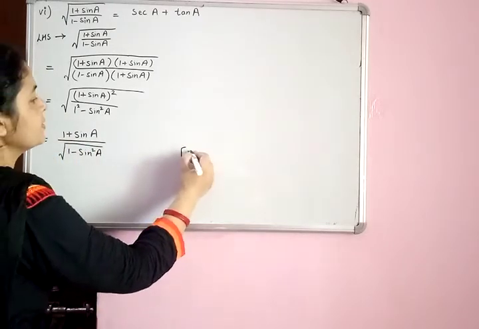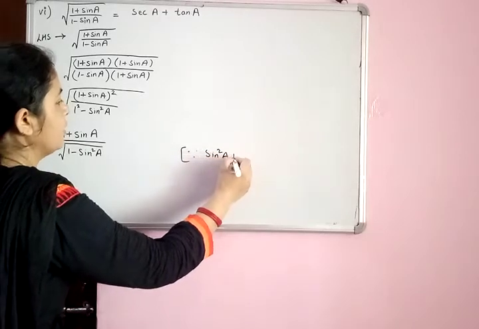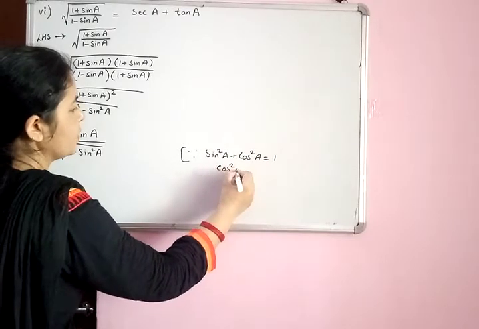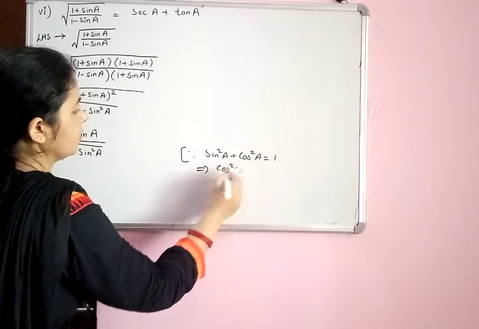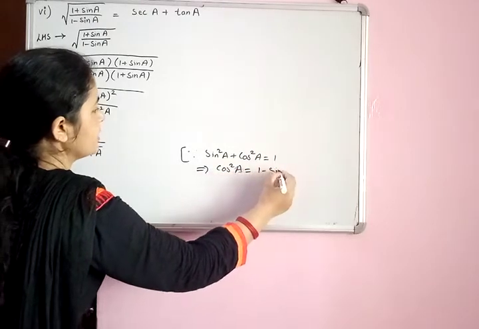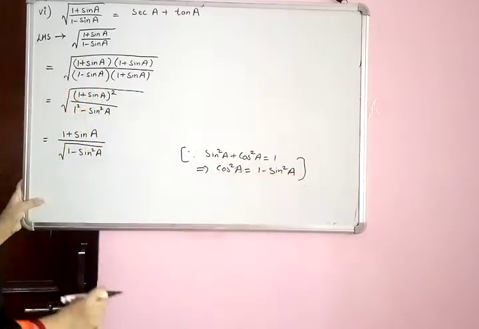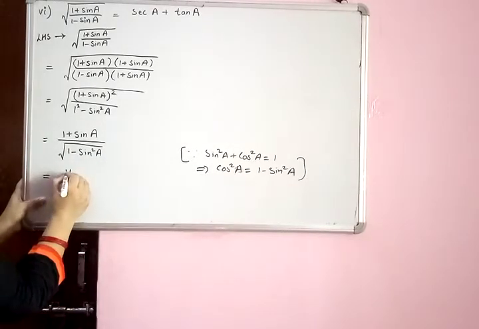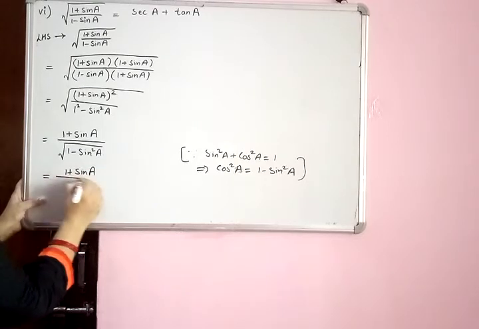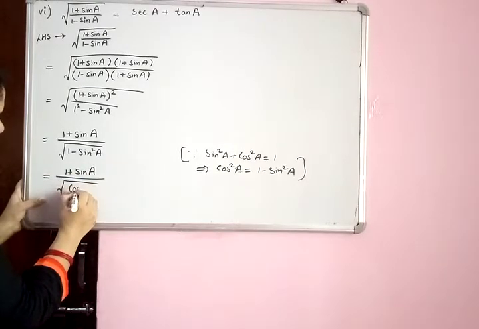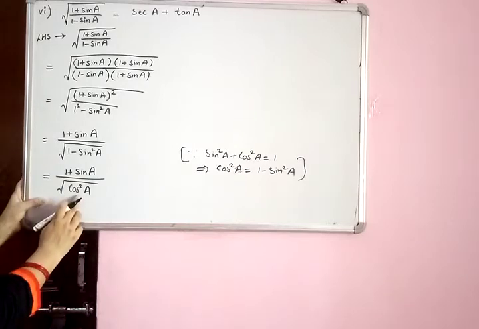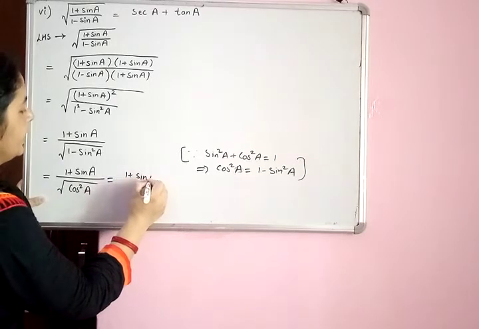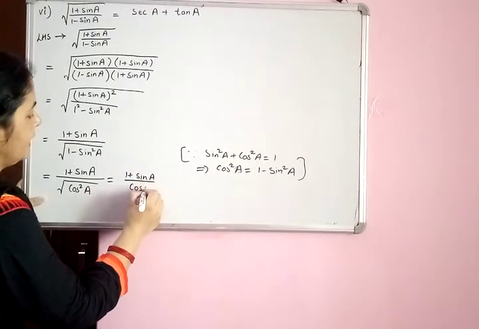Now since sin square a plus cos square a is equal to 1, cos square a is equal to 1 minus sin square a. So in place of 1 minus sin square a, we can write cos square a. So we have 1 plus sin a upon under root cos square a. And under root of cos square a will be cos a. So it is equal to 1 plus sin a upon cos a.